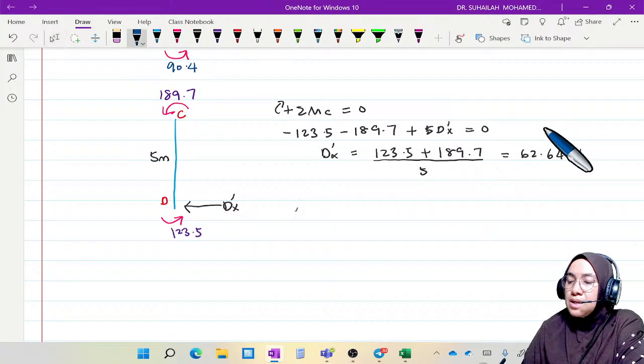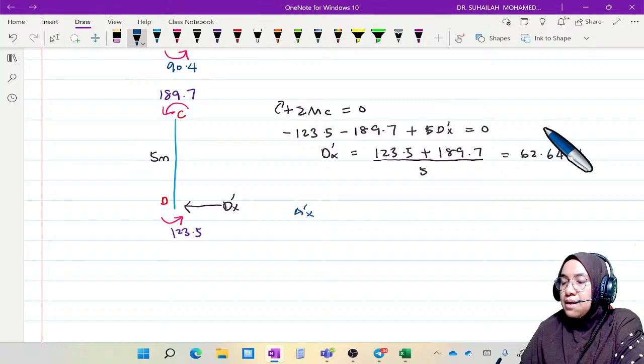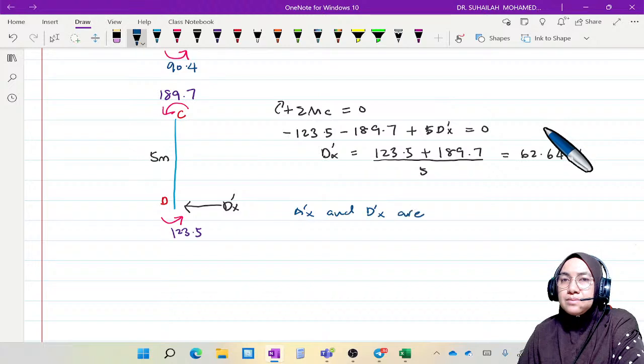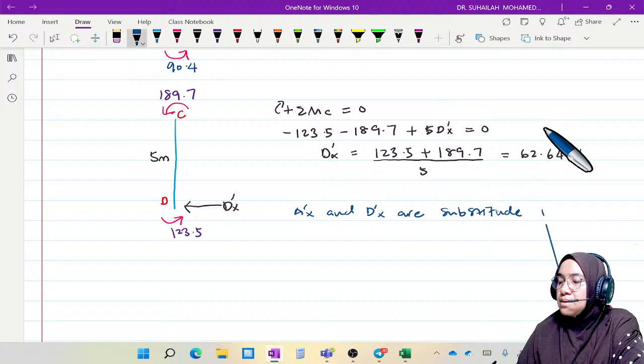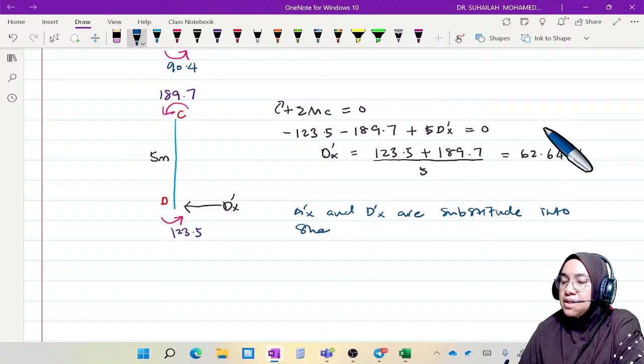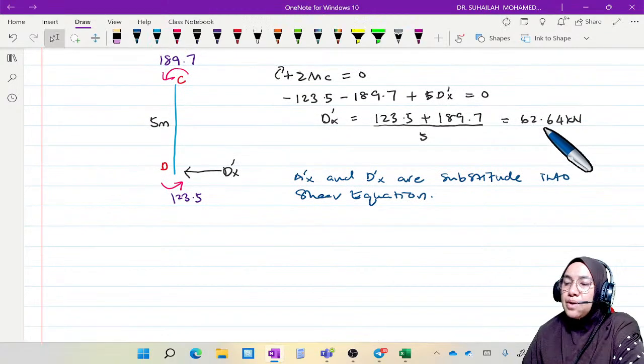So this A and D, substitute into the shear equation.